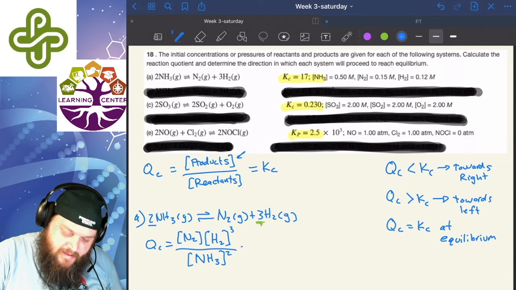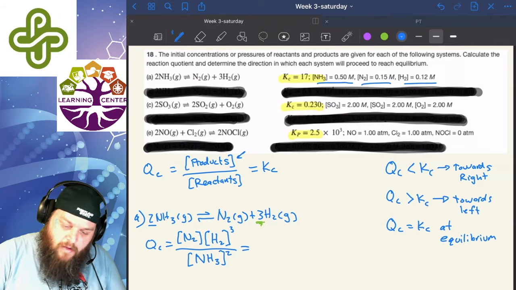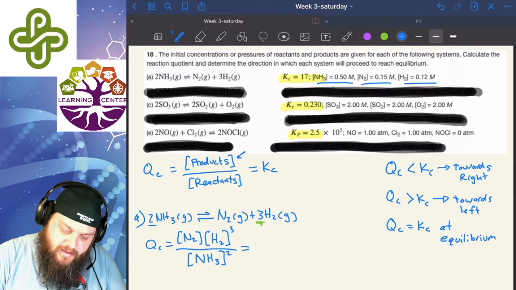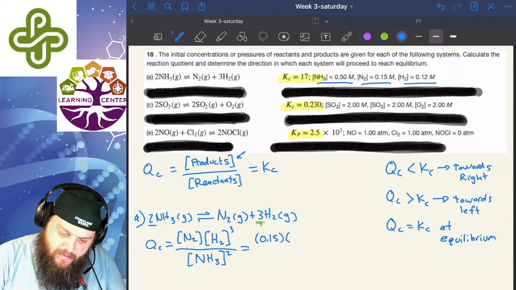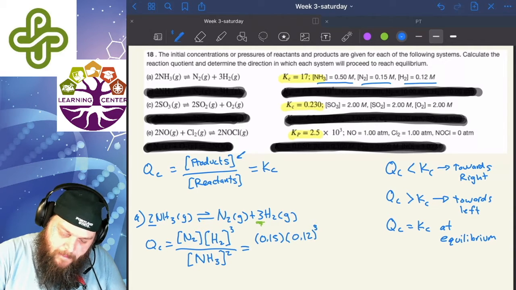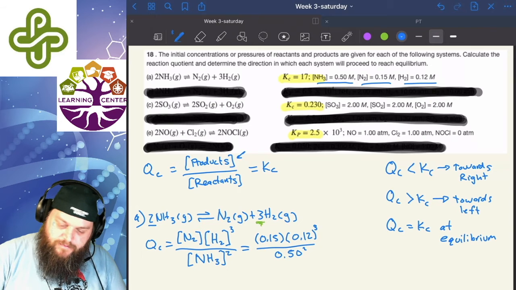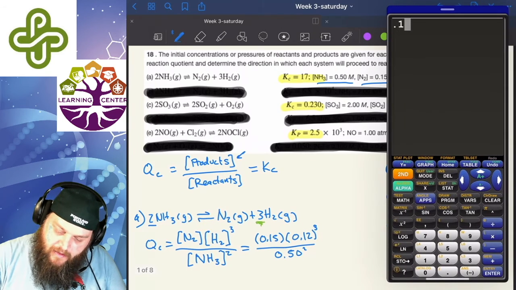They give us values for these, so we can just plug them in. We get 0.15 times 0.12 to the third power, divided by 0.50 squared.